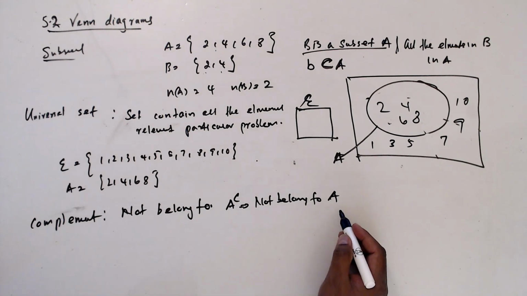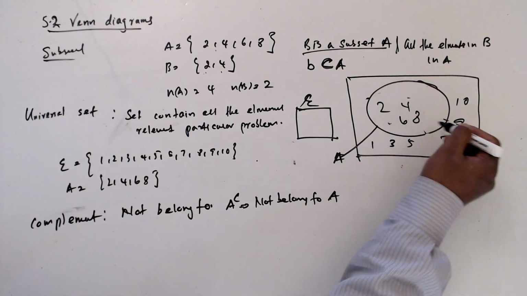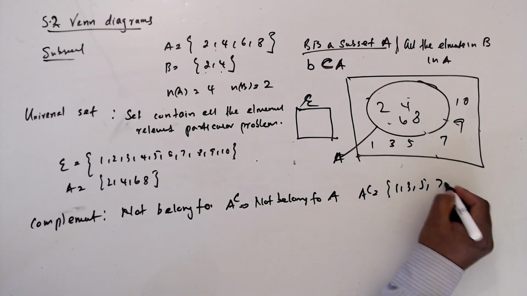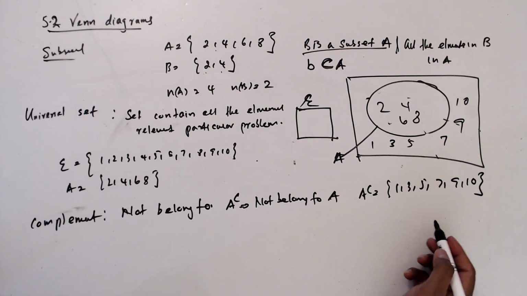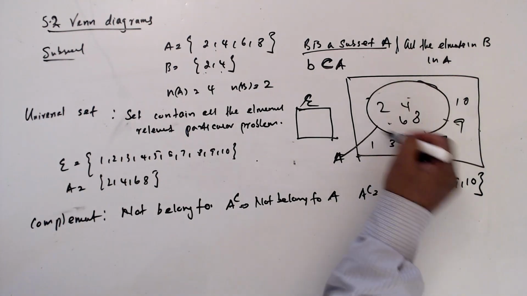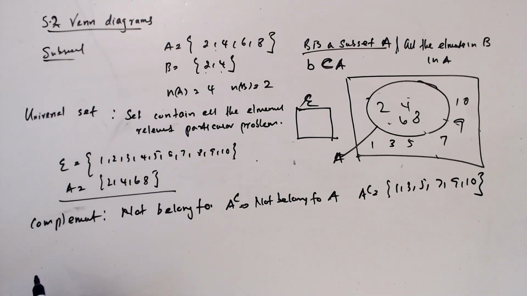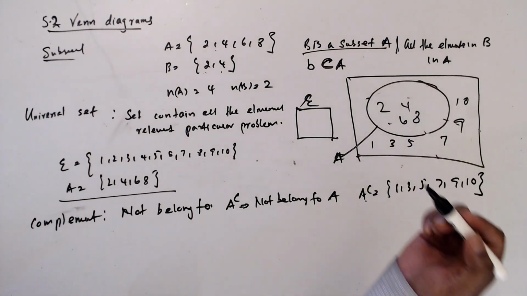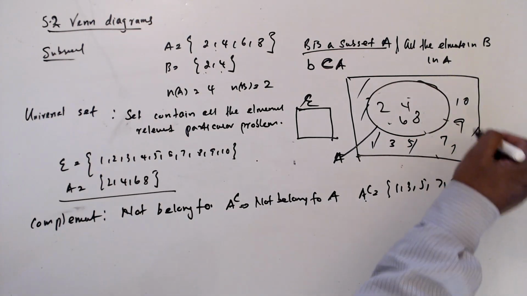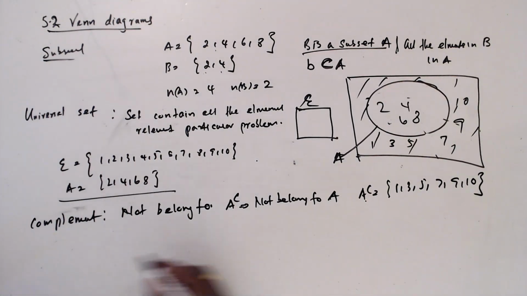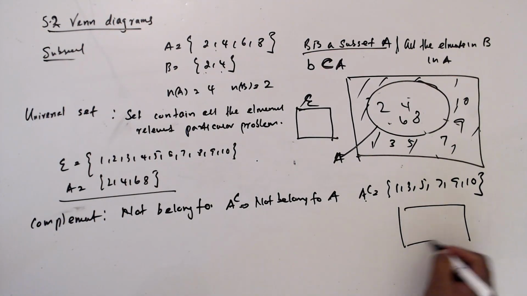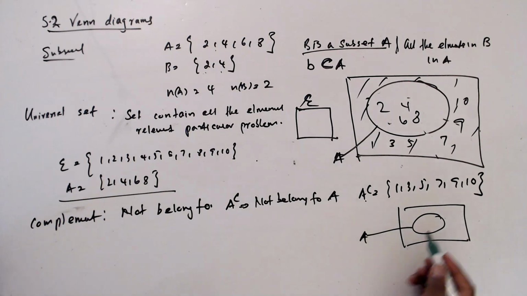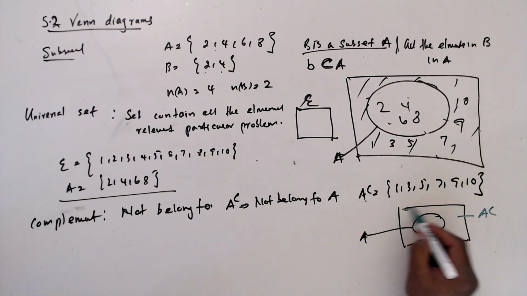And A complement is not belonging to A. So what is the complement? 1, 3, 5, 7, 9, 10. This is A elements, and this is A complement's elements, meaning not belonging to A. So this is the area. We draw it like this. If this is A, then this is A complement.